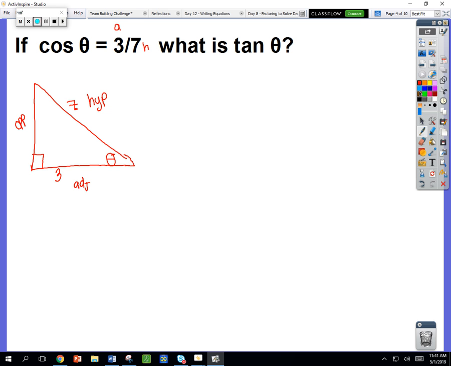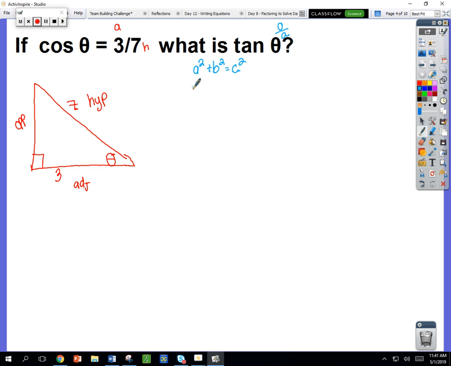And it wants to know tangent of theta. And remember, tangent is O over A. But I wasn't given opposite, so now I'm going to have to find that. So just like I did in the one before that, in order to find it, I should do Pythagorean theorem. A squared plus B squared equals C squared.